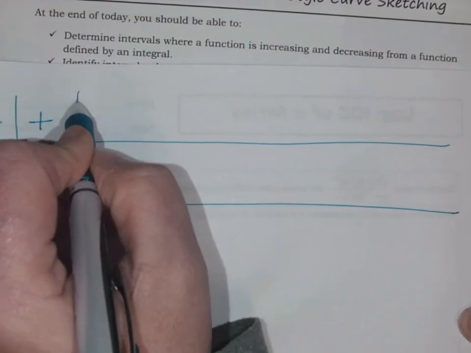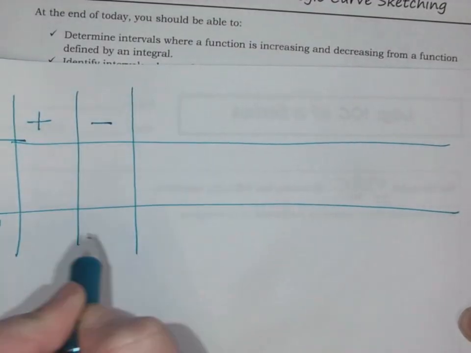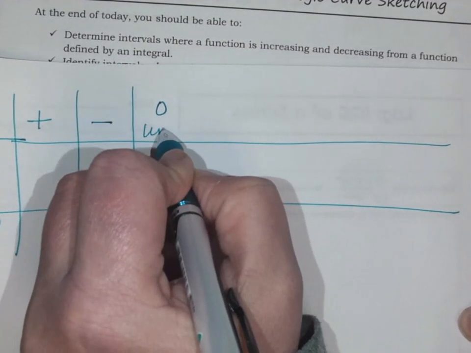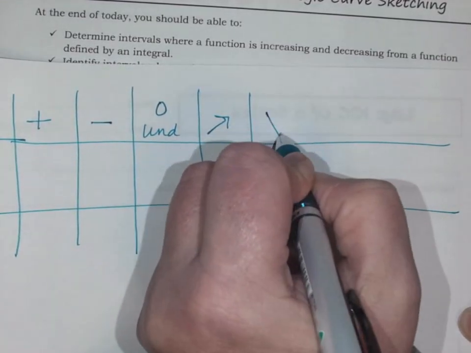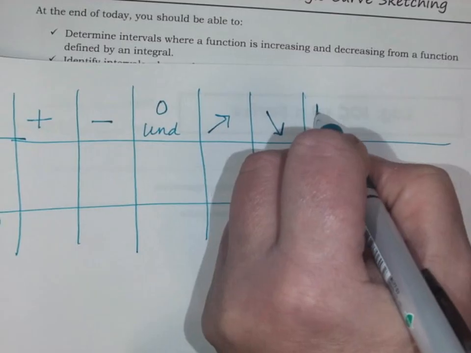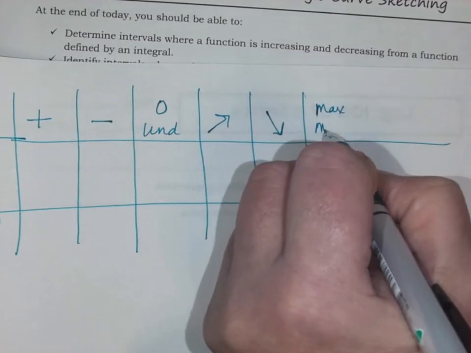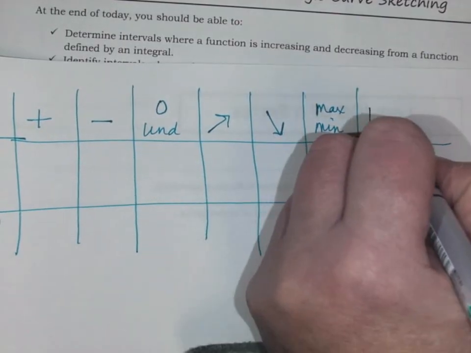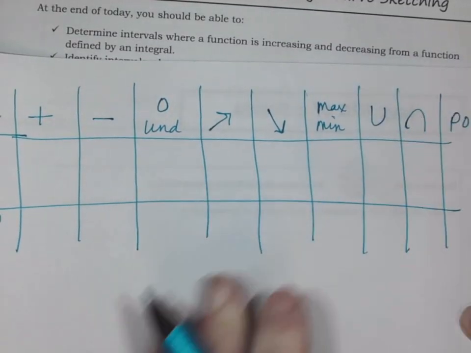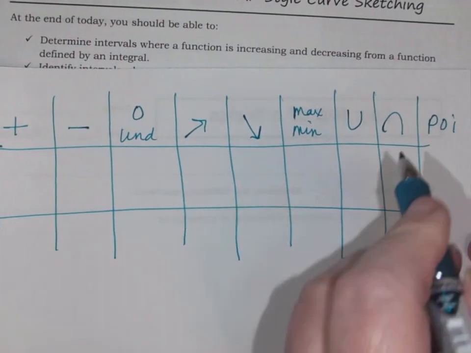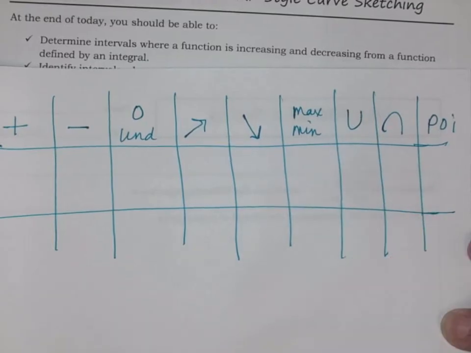And it's positive, negative, 0, undefined, increasing, decreasing, max, min, concave up, concave down, point of inflection. Okay, so that is our first row for our fun chart.